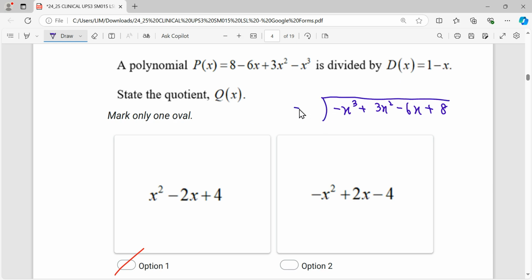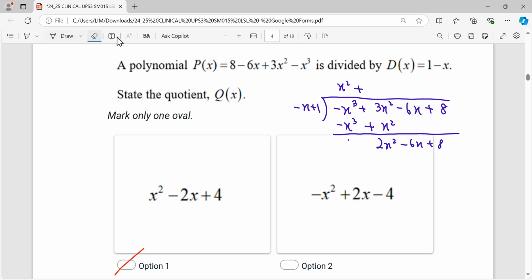The divisor is negative x plus 1. Rearrange it. So first of all, what you need is positive x squared, so that you can multiply with negative x. You get negative x cubed. Then expand for the following plus x squared to find its remainder. Remainder we minus. So here we have 0. Then 3 minus 1 we get 2.